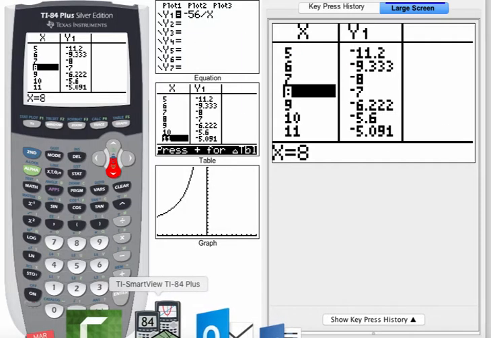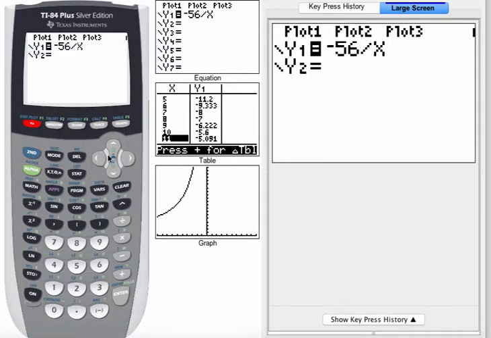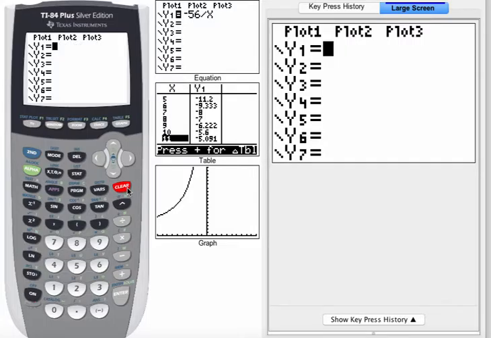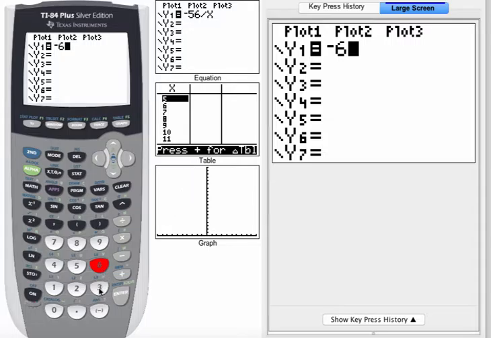So I'll go into my calculator, go into y equals, and clear out what I've been working on in the past. I'm going to say negative 63 divided by x. So my calculator is going to divide 63 by different values and find their quotients.